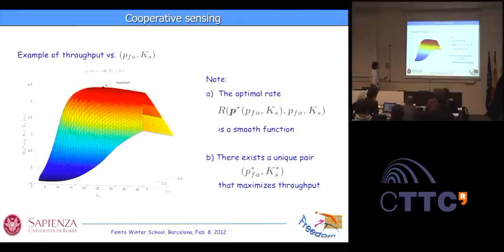Okay, so what we may say here, even though we cannot formulate it as a theorem, okay, probably there is a way, but at least we haven't been able to formulate it as a theorem, is that there is only a unique pair of points, false alarm probability and number of samples, such that this function is maximum.